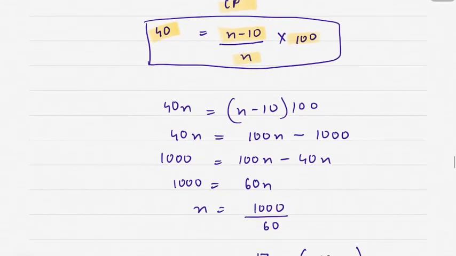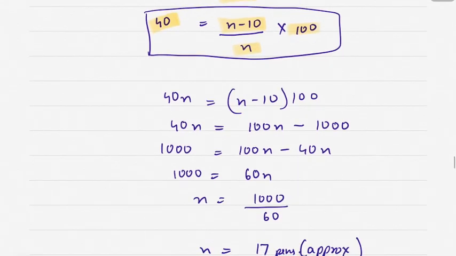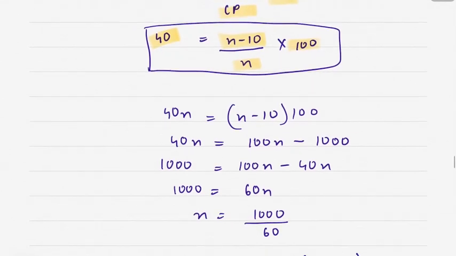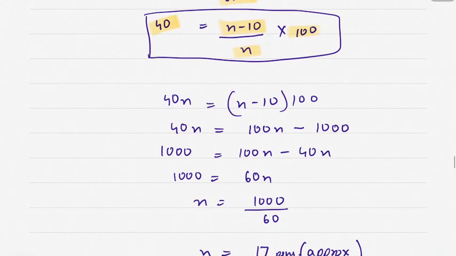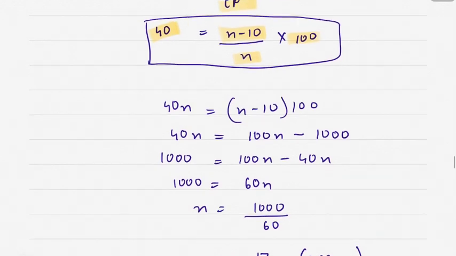So now you have the equation. You have to solve this equation and find the value of n. Value of n comes to 16.66. Number of pens cannot be in points. So I am writing 17 pens approximately. And that is what is asked. What is the value of n? Right?